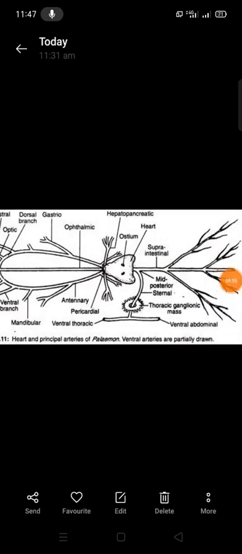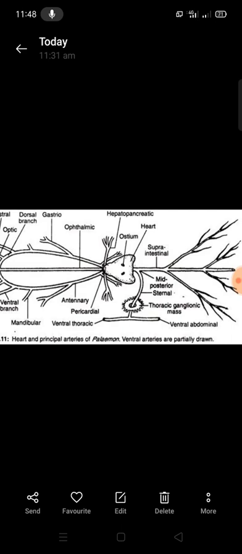So, the ventral branch further divides into 3 arteries. We said the dorsal branches divide in two and join to form the circumcephalicus. The ventral branch again releases 3 branches, namely the antennal artery to the antennae, and the renal artery to the renal organ.